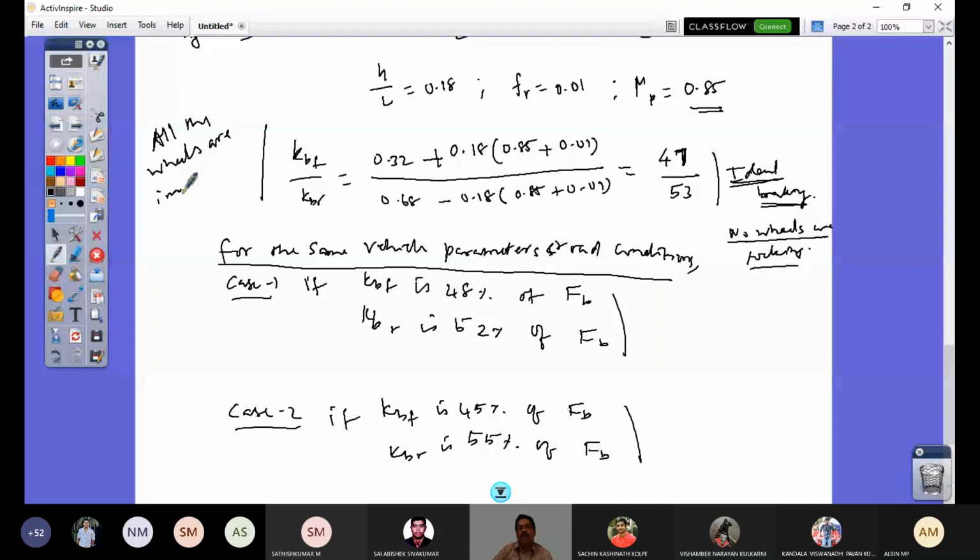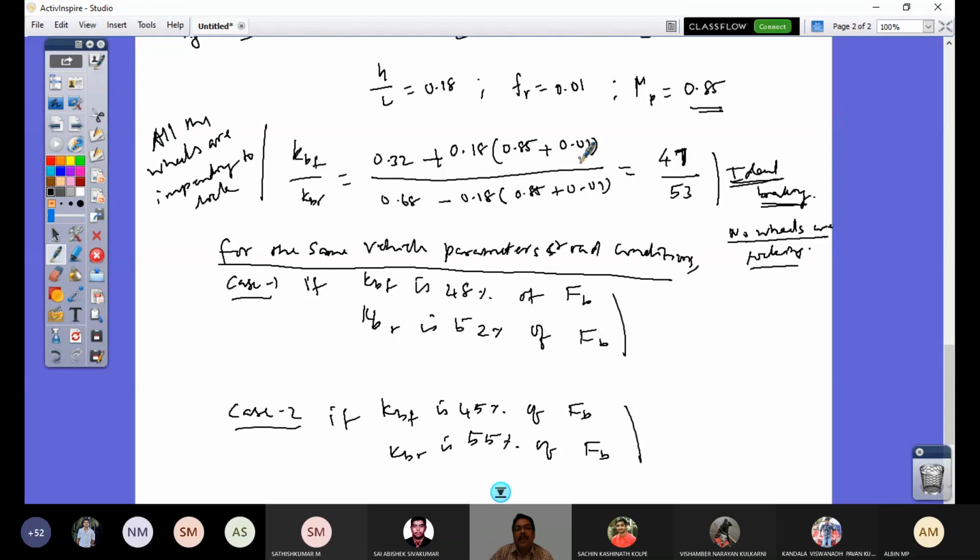That's the condition here. So now if I have these proportions varied, what can make this variation? 48%, 52%. See, the CG height is fixed, vehicle parameter fixed, road condition is fixed, μp is fixed, tire rolling resistance coefficient fixed. So it would be only the load distribution in the front and the rear axle.